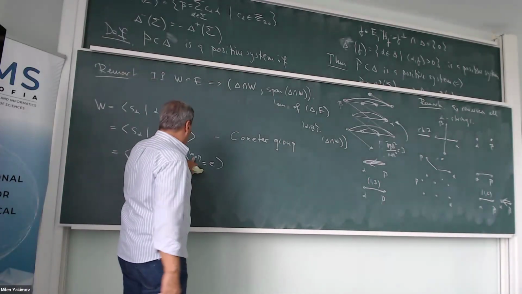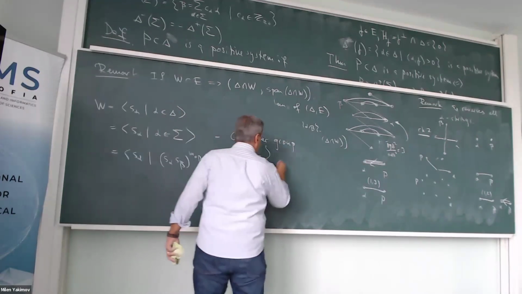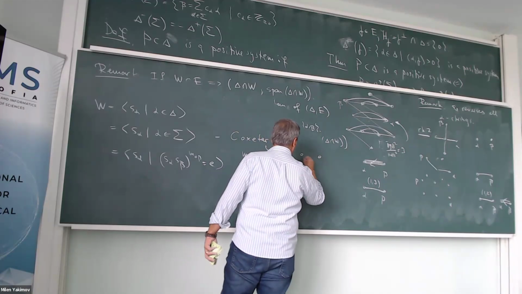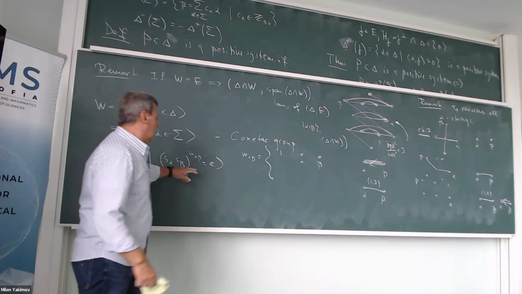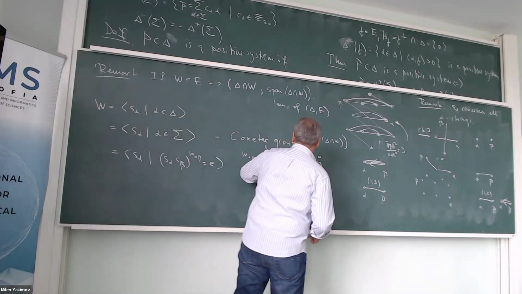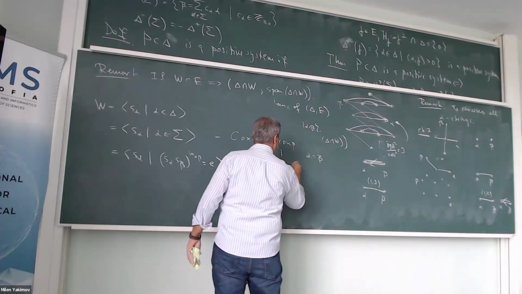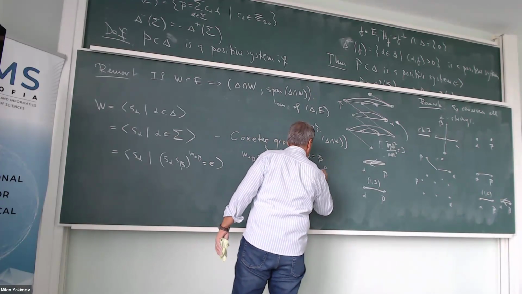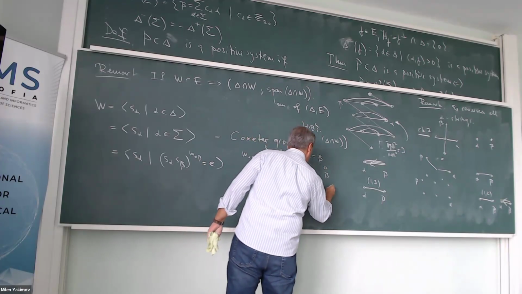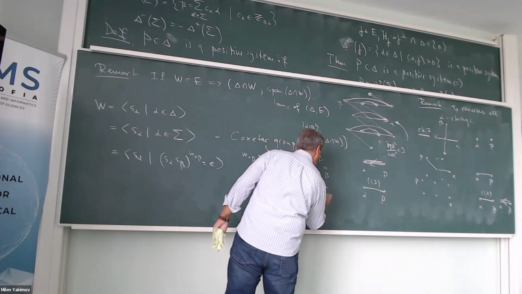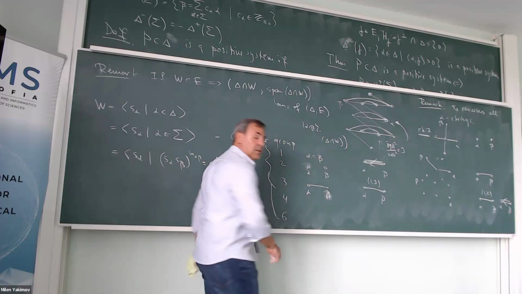And now if I write down, F alpha beta is 1 if alpha equals beta, 2 if alpha and beta are not linked, 3 if they are linked by 1, 4 and 6.